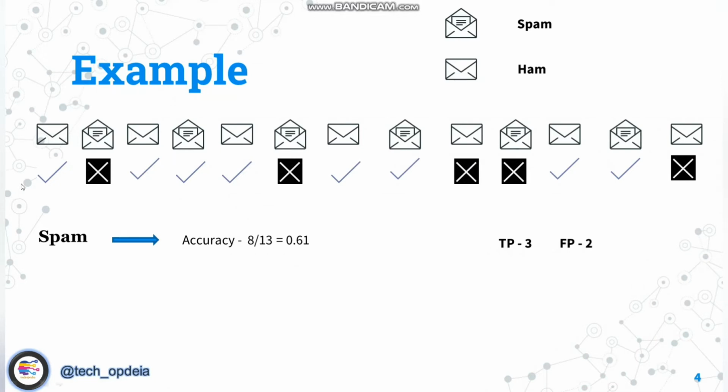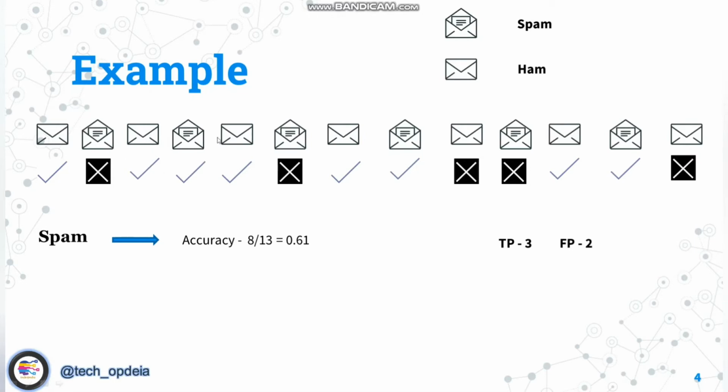So let's see. First we will see this. This email is ham and it has predicted correctly as this is safe. Now this email is spam. This symbol is for spam, so it has predicted correctly as spam. This symbol is for ham, so it has predicted correctly.